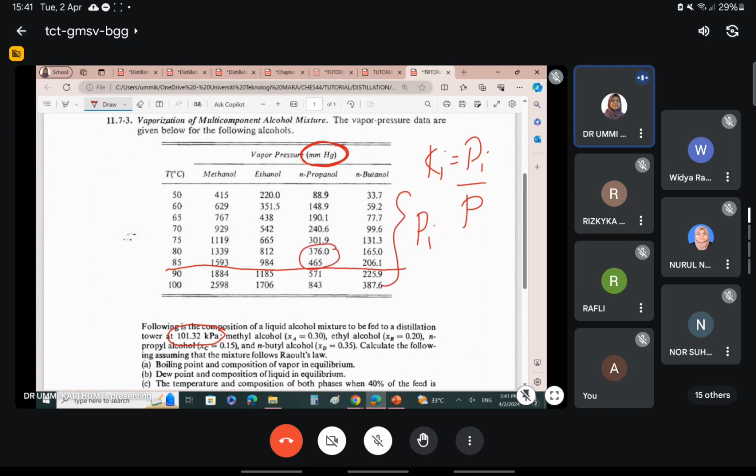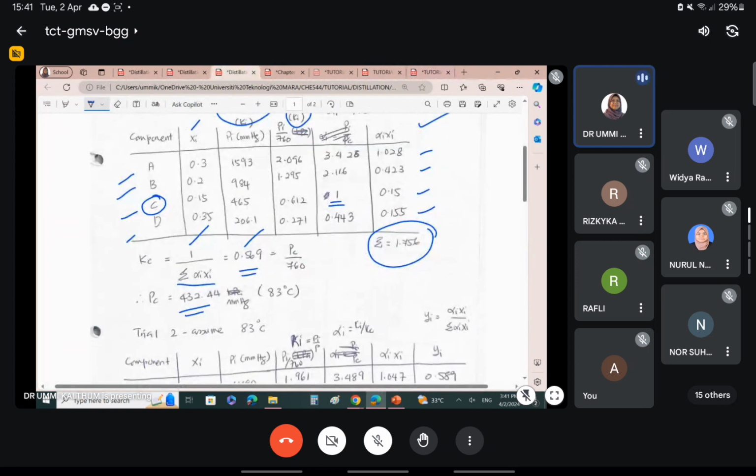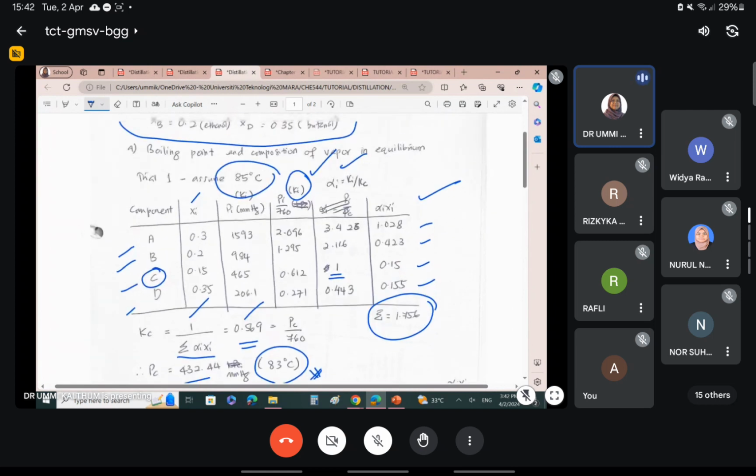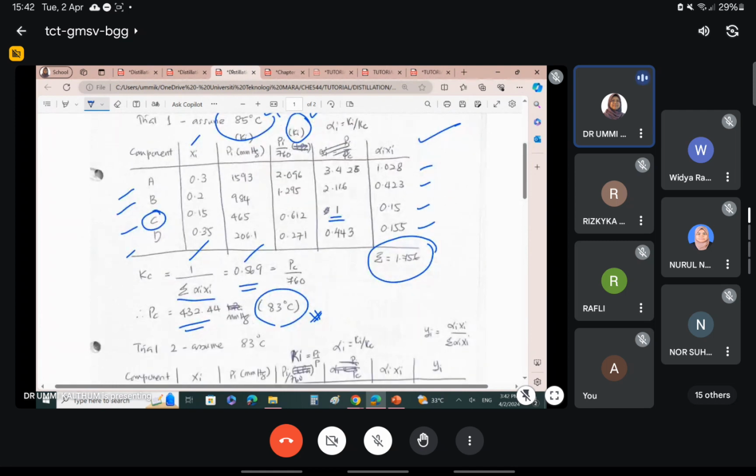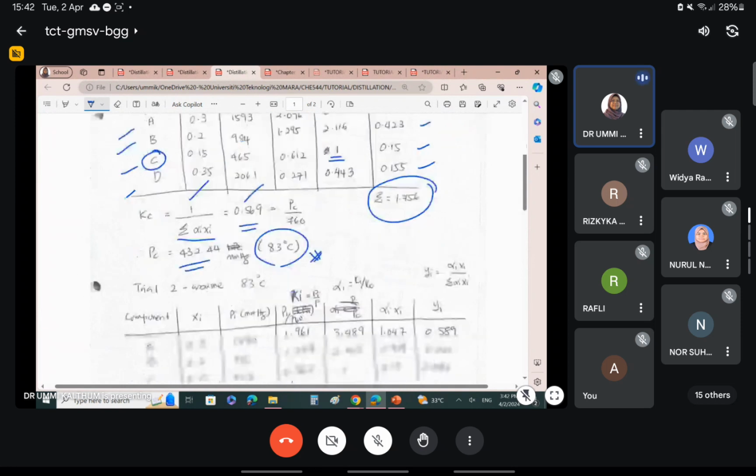Kena interpolate lah. Okay, 432.4 cari berapa temperature. So bila interpolate, you dapat 83 degree. Okay, 83 degree ni yang you dapat ni tak sama dengan apa yang you assume. Okay, you assume 85 kan? Tapi you dapat 83.